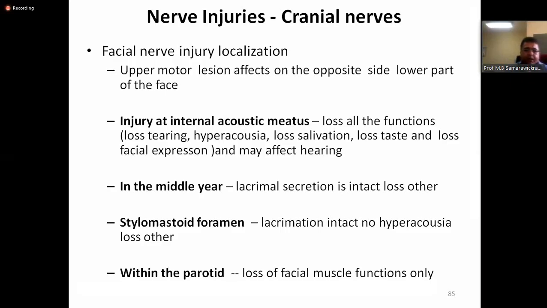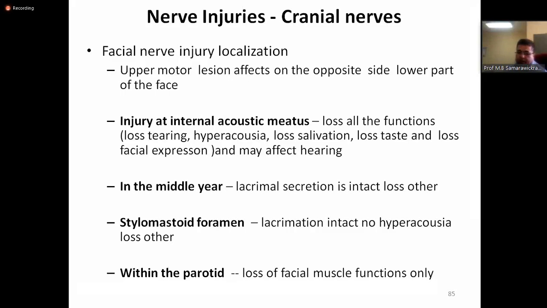When the nerve is damaged in the middle ear, lacrimal secretion is intact and the other functions are lost, because you know at the genu of the facial nerve it gives the greater petrosal nerve which carries the secretomotor to the lacrimal gland.